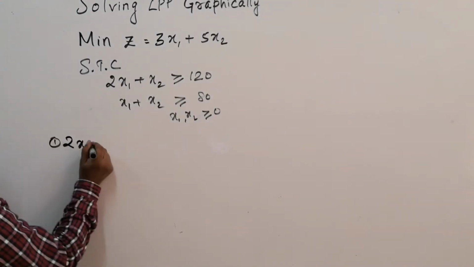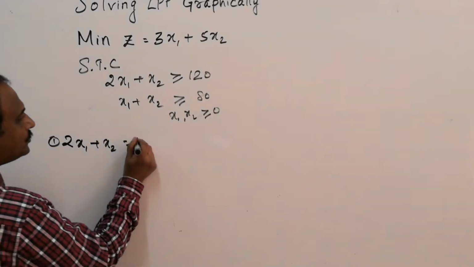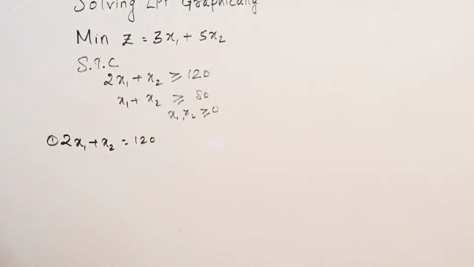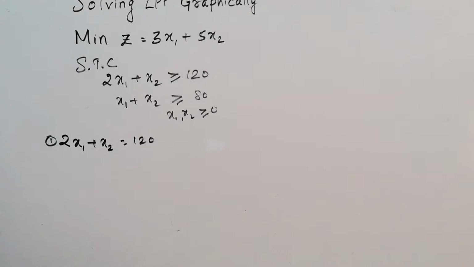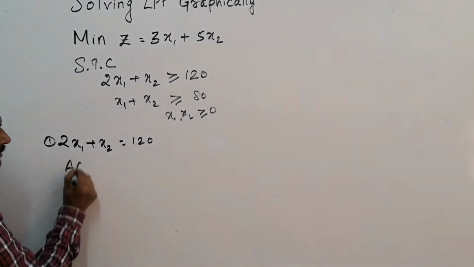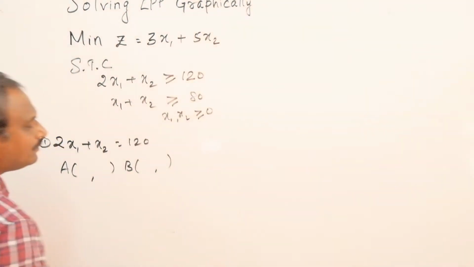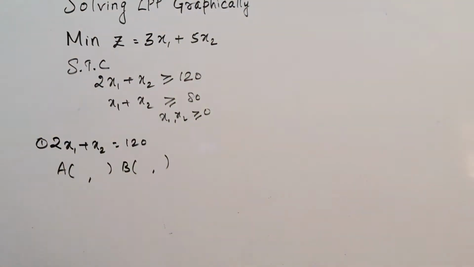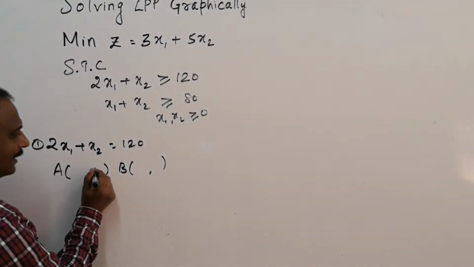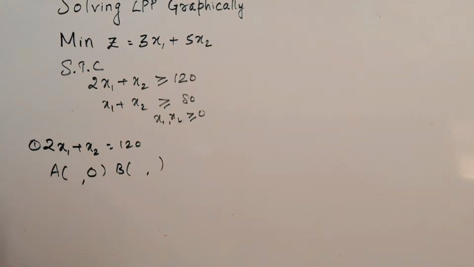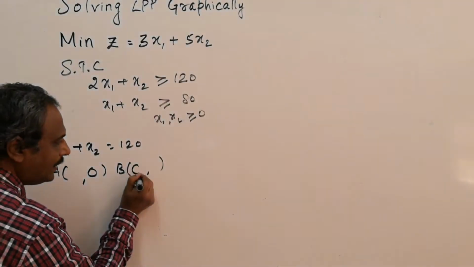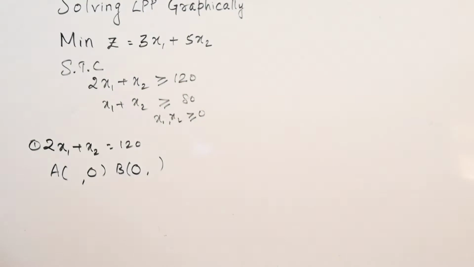The first equation is 2x1 plus x2 is equal to 120. From this, I am going to find 2 points, point A and point B. To find point A, we take the x2 value 0, and to find point B, I am going to assume the x1 value 0.